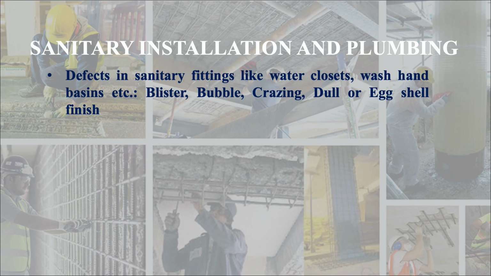Now, after discussing the different materials for treating cracks and defects, we move to sanitary installation and plumbing. Defects in sanitary fittings like water closet, wash hand basins, etc. can be listed as blister, bubble, crazing, dull or eggshell finish.